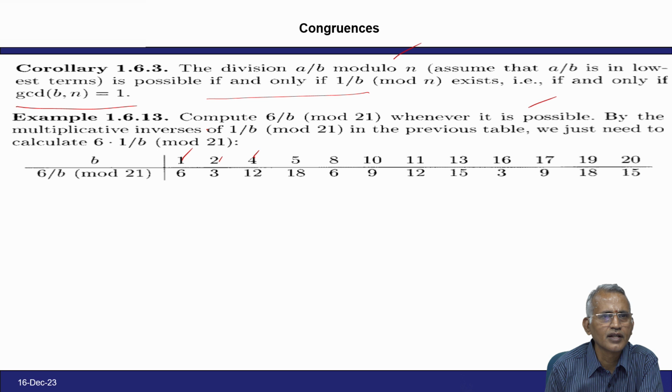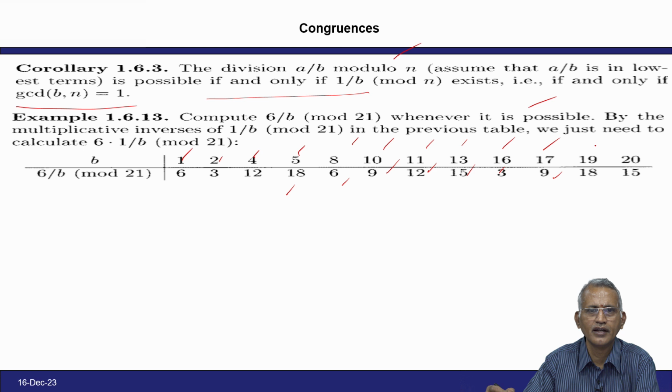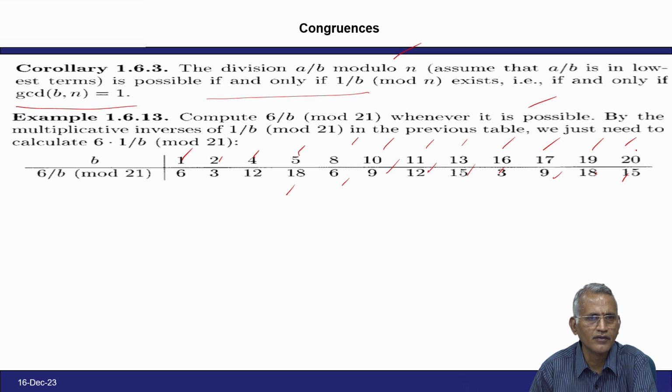Like that you can substitute the value of B equal to 5, we have 18, and then 8 having 6, 10 having 9, 11 having 12, 13 having 15, 16 having 3, and then 17 having 9, 19 having 18, and 20 having 15. Like that you can get the value of 6/B corresponding to the inverse of B.